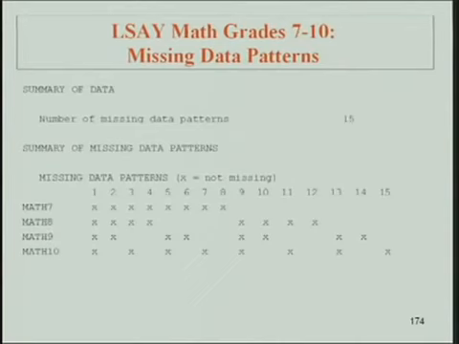Let's look at the missing data patterns that you get from output patterns. There are 15 missing data patterns here for the 4 grades, 7, 8, 9, 10. X is not missing again. And on the next slide, you have the frequencies.